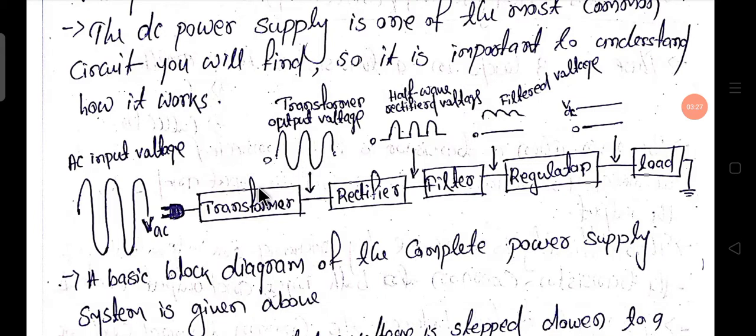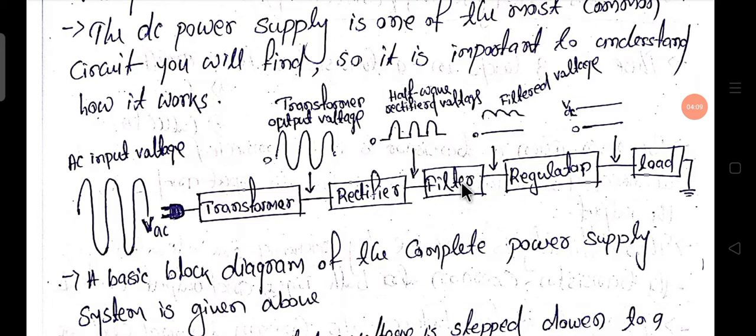Then we use a rectifier. Here we may use a half wave rectifier or a full wave rectifier as we need, and we get our pulsating DC. After the rectifier we get pulsating DC, and that pulsating DC is fed to a filter.